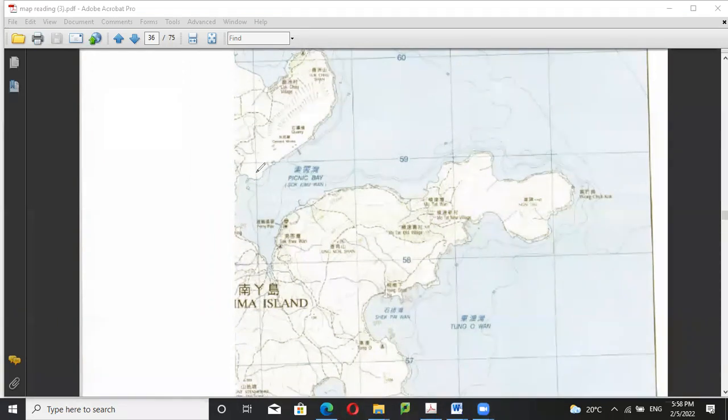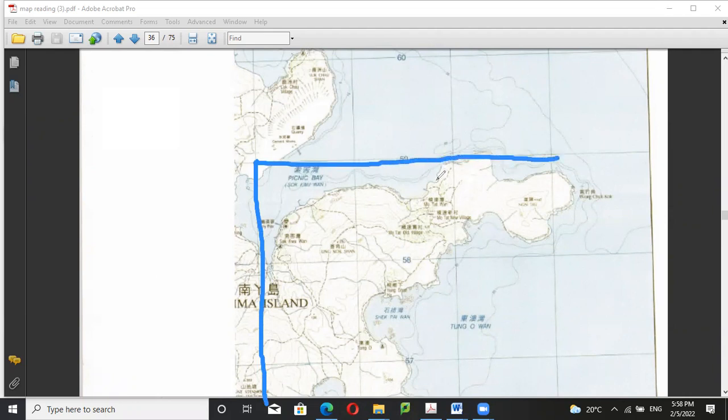East of the Easting, starting from here, and then north of the Northing 59, south of the Northing 59, which is talking about this area. The whole thing.